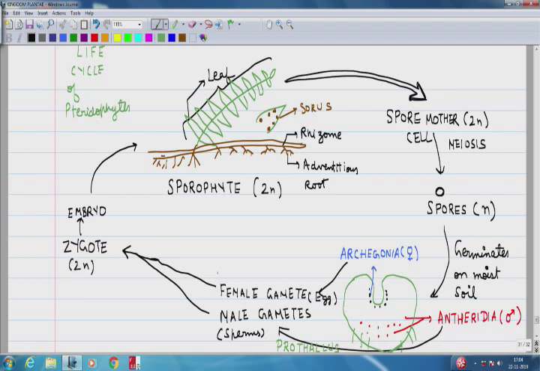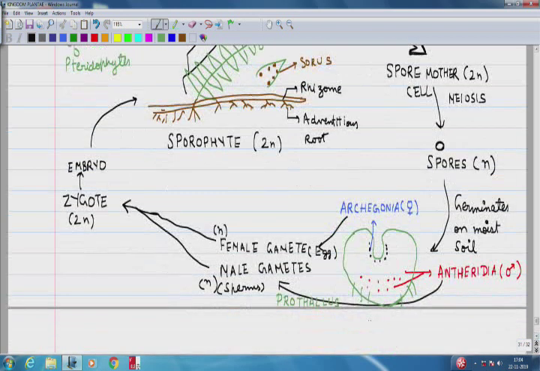Egg is haploid. Sperm is haploid. So this whole prothallus is also haploid. Okay. So this is about the life cycle of pteridophyta.